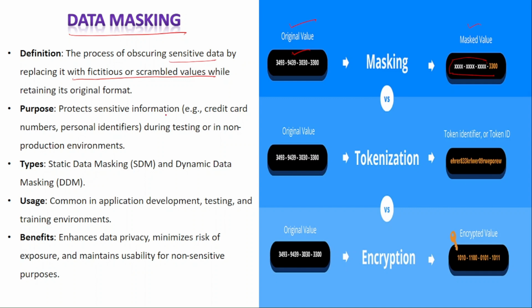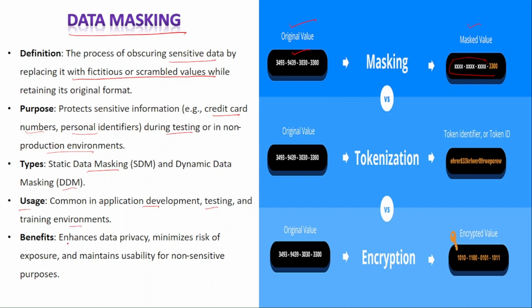So it protects sensitive information such as credit card numbers and personal identifiers during testing or in non-production environments. Types: static data masking and dynamic data masking. Static is done once and dynamic is done in real time during live production or processing of the system. Usage: common in application development, testing, and training environments.